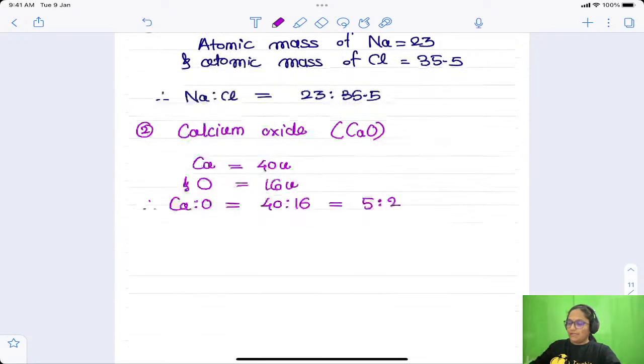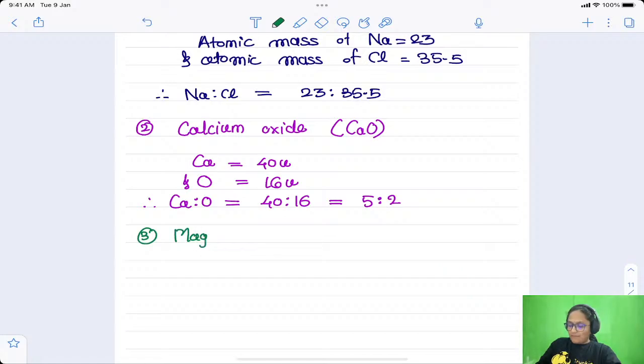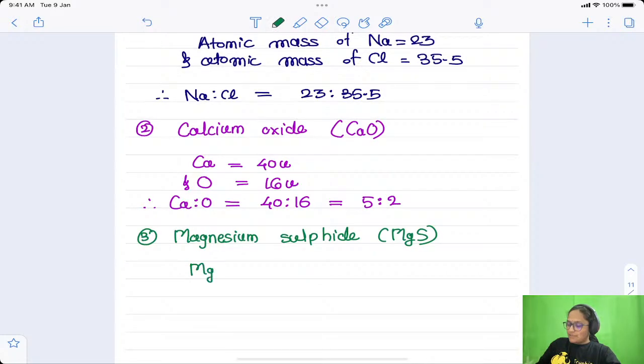So what is the ratio for calcium oxide? 5 to 2. Third example, magnesium sulfide. Magnesium sulfide formula is MgS. Atomic mass of Mg, magnesium, is 24, and that of sulfur is 32.